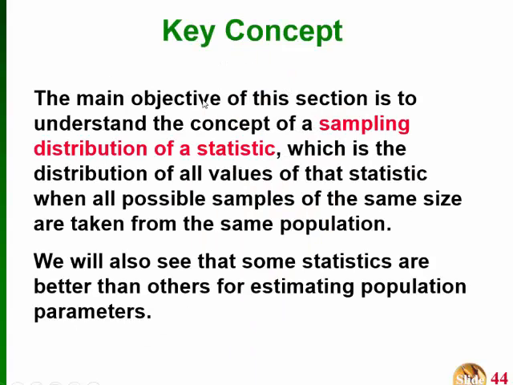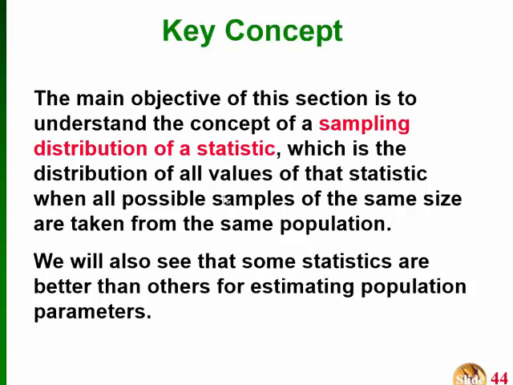So the idea here is to try to get a grasp of what it means to sample distributions. In sampling the distributions, we'll see that we're going to pick a particular sample size, and then we're going to assume that we're able to take all the possible samples of that same size from a population.